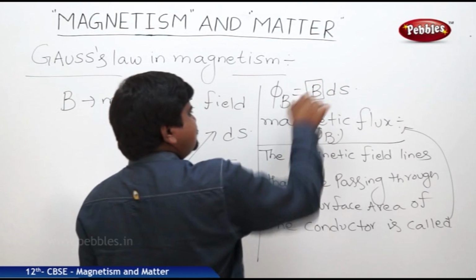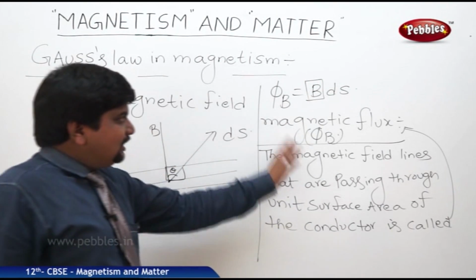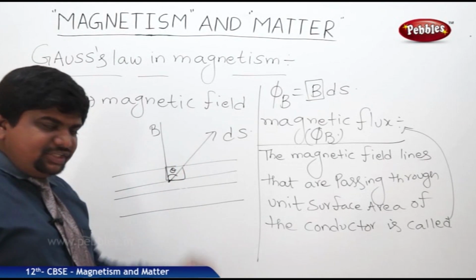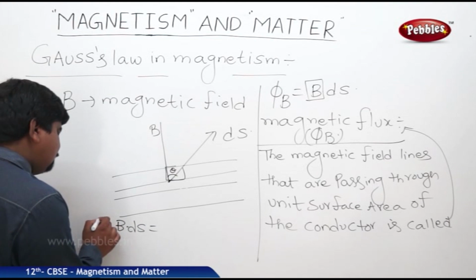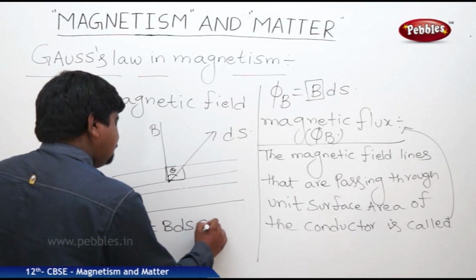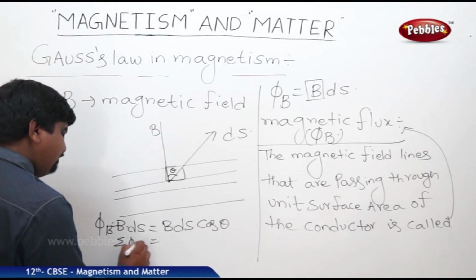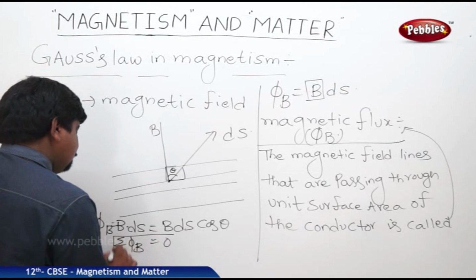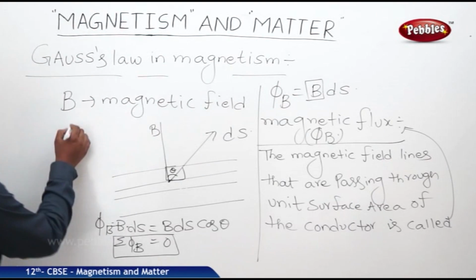So field lines are the strength of the magnetic field in unit surface area. But if these are in a closed loop, it is 0. So that's why b dot ds is equal to phi b is equal to b ds cos theta. Therefore, summation over phi b is equal to 0. We can understand this concept with electrical analogy also.